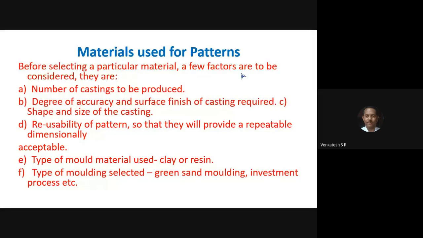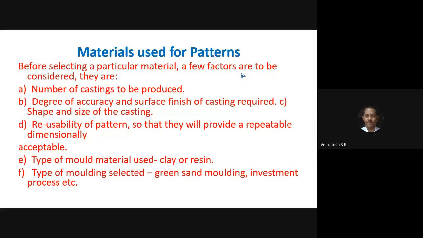Next, the factor for selection of materials for the pattern: shape and size of the casting. This is very, very important. The shape which you require in the casting is the replica of the pattern. So that is also important. And size: being a mechanical engineer, in your mind you have to think of the shrinkage allowance.